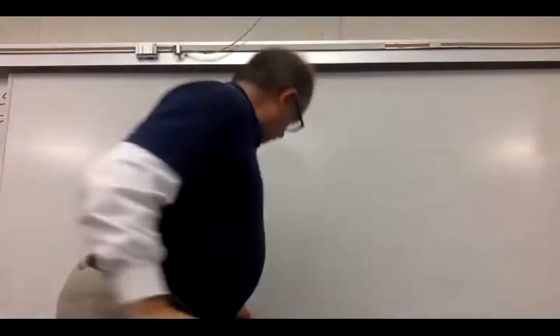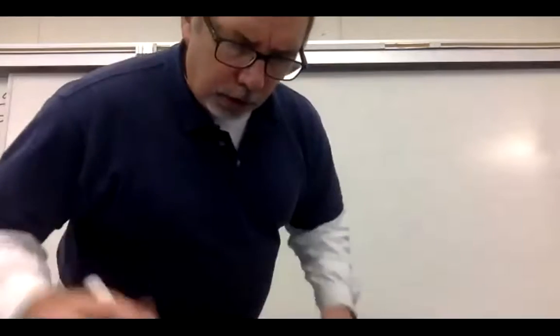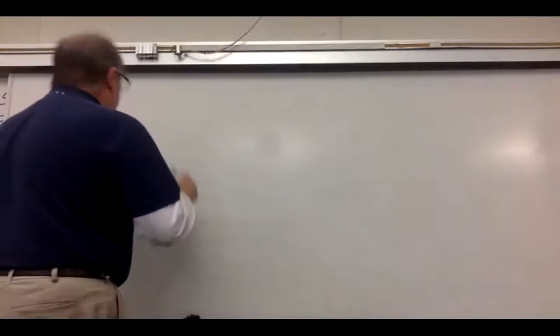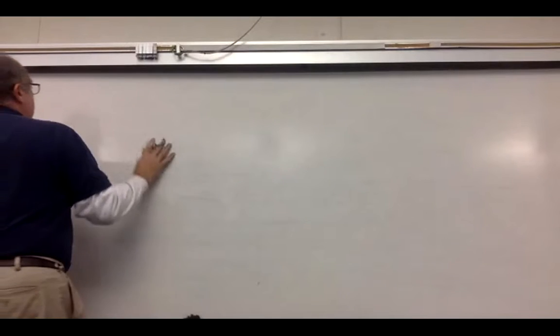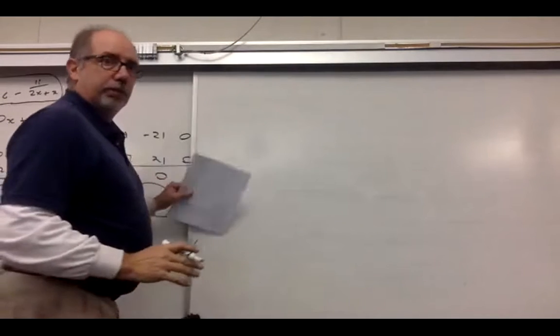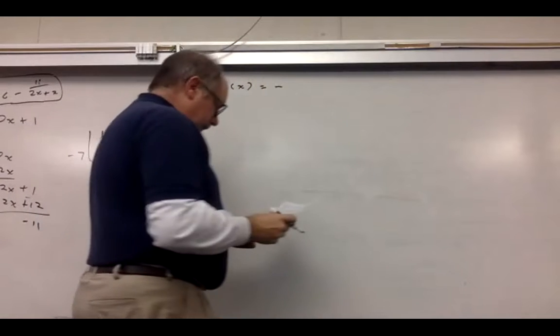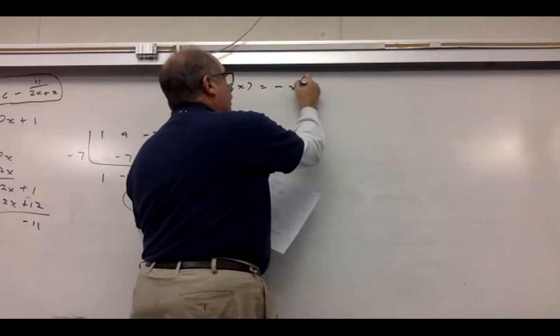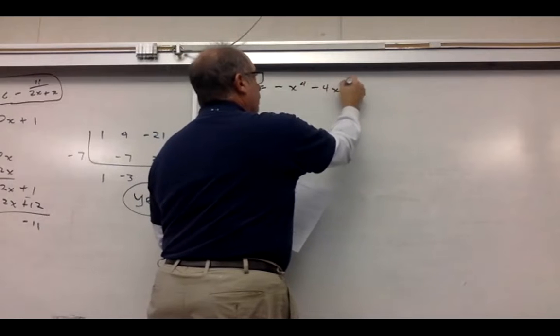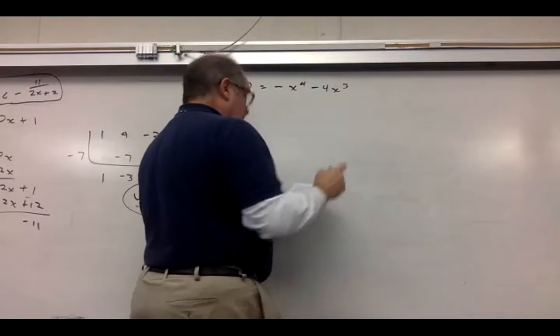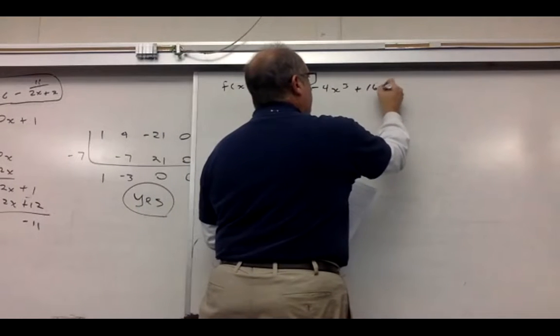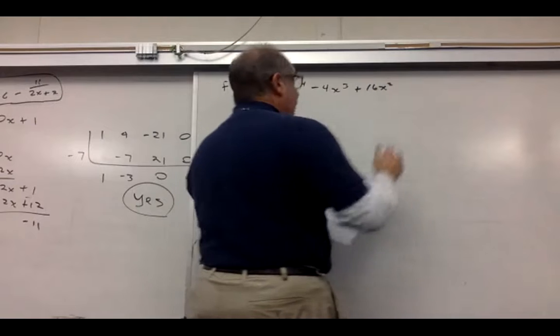So the function, what's the function? So f of x equals negative x to the 4th, minus 4x to the 3rd, plus 16x squared, plus 64x.